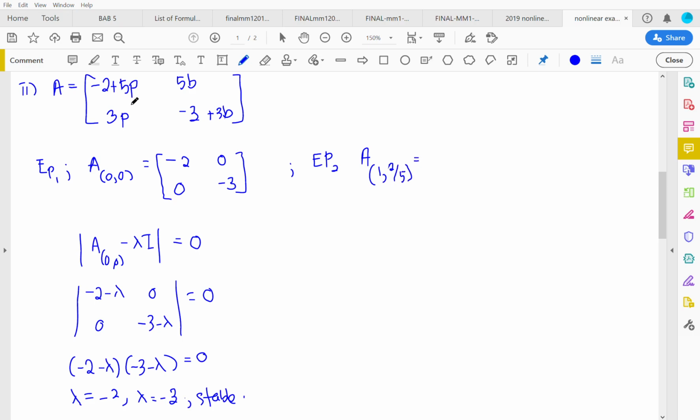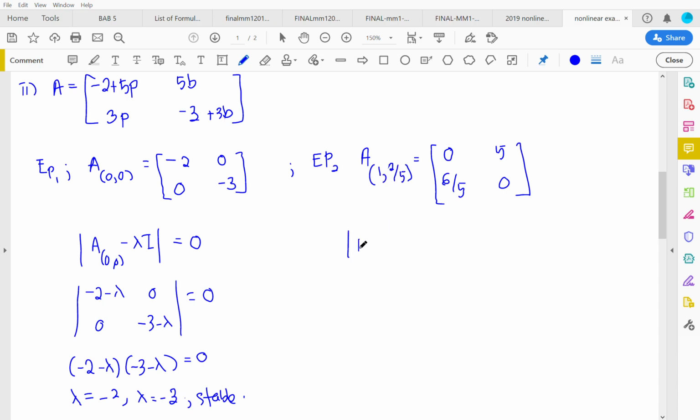We substitute the values p equal to 2.5 and b equal to 1. We calculate and get the matrix: minus 2 plus 2, so 0. Here 3p, so 6 over 5. Then 5b is 5. Here minus 3 plus 3, so 0. This is matrix A for the second equilibrium point.